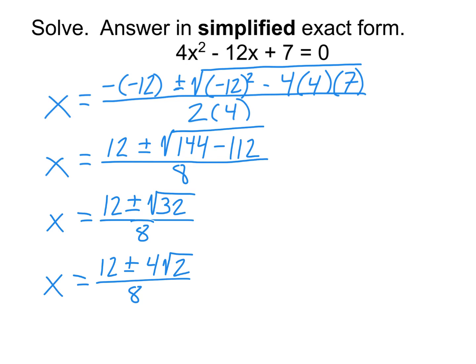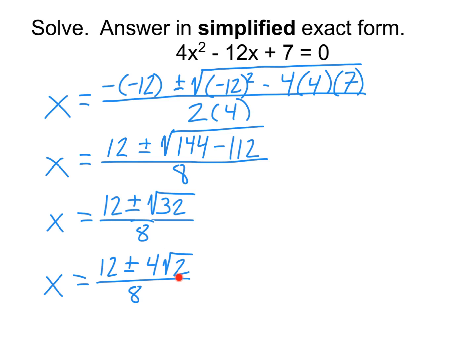Now this can even simplify a little bit further in this particular case. In order to reduce the fraction, we have to be able to divide everything on the top and the bottom by the same number. We're looking at 12 and 8 here. Those are whole numbers outside of a radical, so I couldn't be looking at the root 32. I have to be looking at the number that got pulled outside.